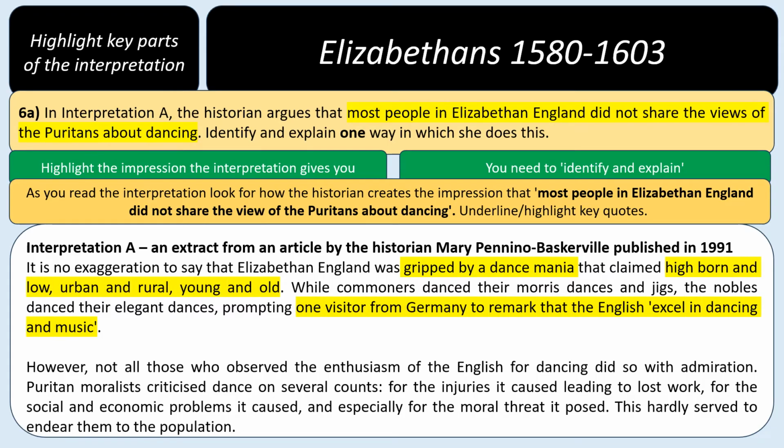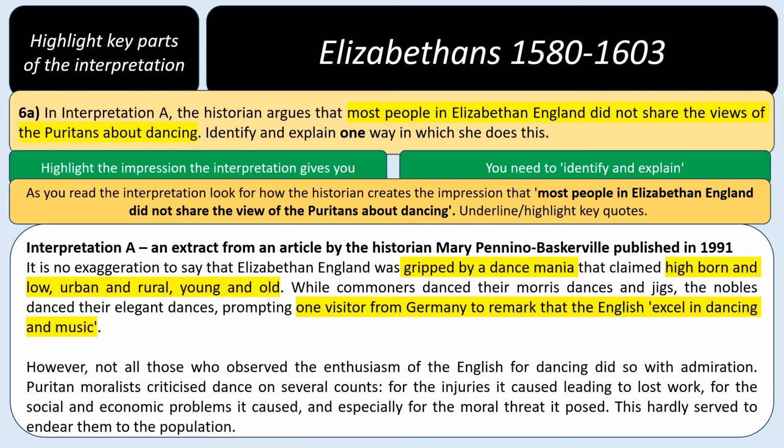So what you want to do as you read the interpretation, as I've got for you on this example, is highlight any key quotes from the interpretation that support the impression most people in Elizabethan England did not share the views of the Puritans about dancing. So things that I've highlighted here are the phrase gripped by a dance mania. The use of the word gripped is very suggestive that people are really passionate about the dancing.